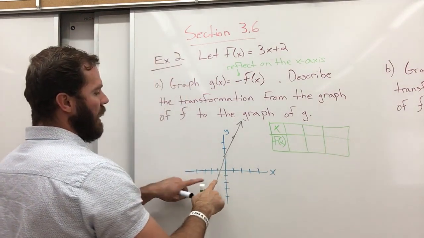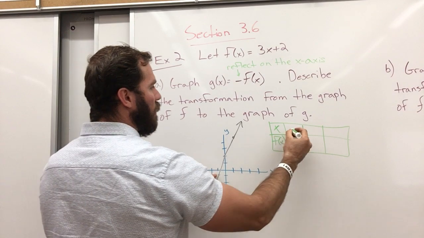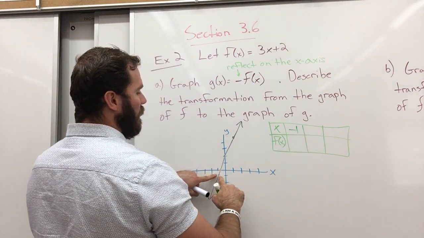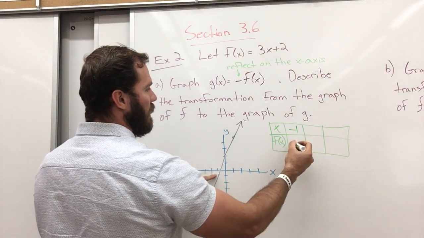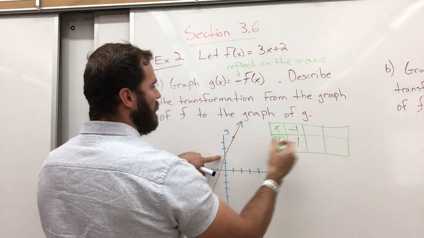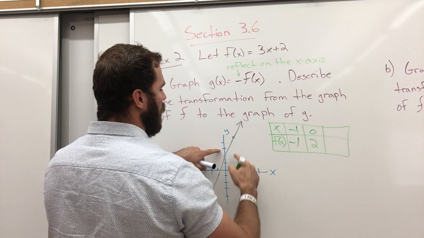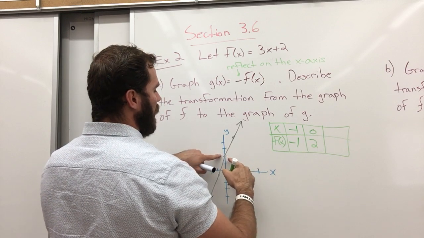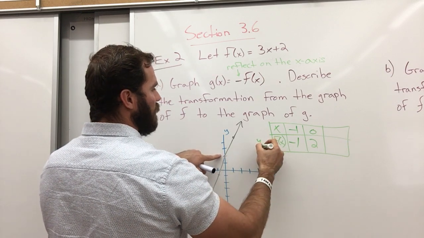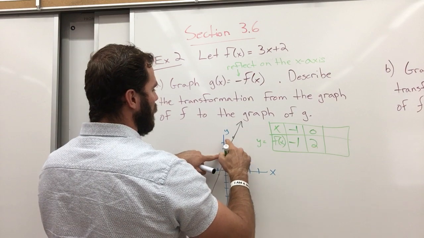Now, here we have when x is -1, the y, or f of x, is going to be -1. When x is 0, y is at the 2. When x is 1, f of x, or y, because this is also y, equals 1, 2, 3, 4, 5.